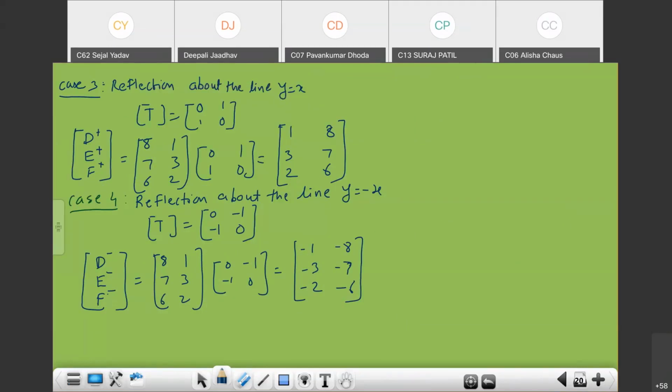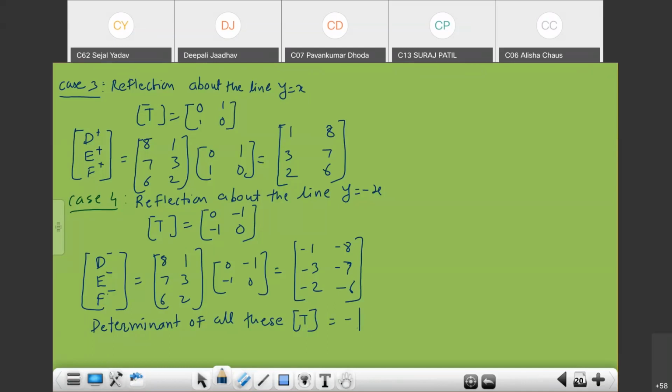Now, if we find out the determinant of all these 4 transformation matrices, then what is the determinant? Determinant of all these transformation matrices T. It is minus 1 for all these four. Then what does it indicate?